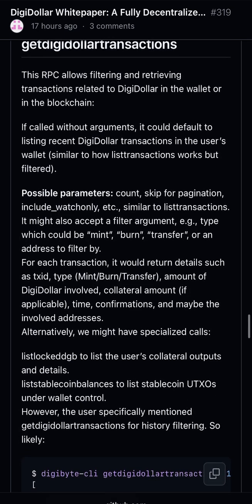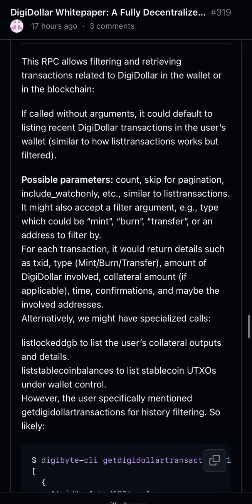DigiDollar transactions. This RPC allows filtering and retrieving transactions related to DigiDollar in the wallet or in the blockchain. If called without arguments, it could default to listing recent DigiDollar transactions in the user's wallet, similar to how list transactions works but filtered. Possible parameters: count, skip for pagination, include watch only, etc., similar to list transactions.